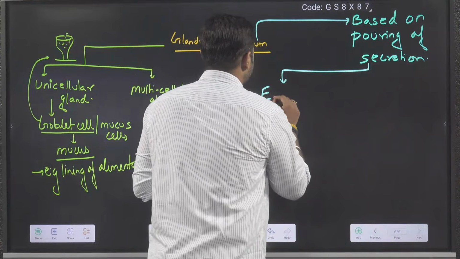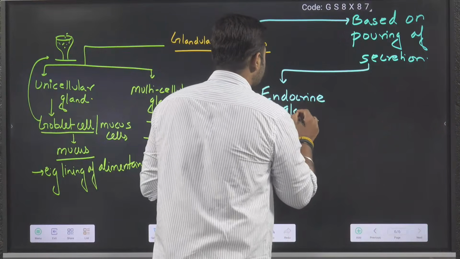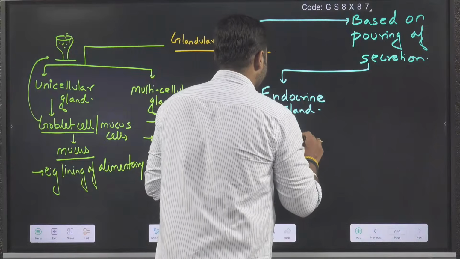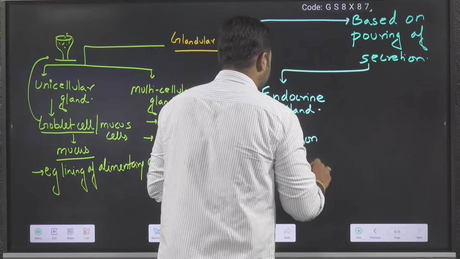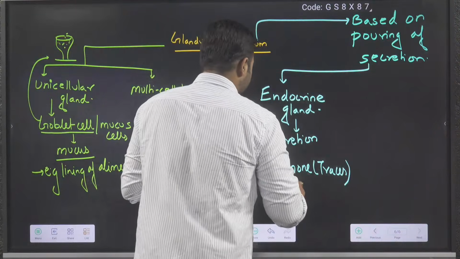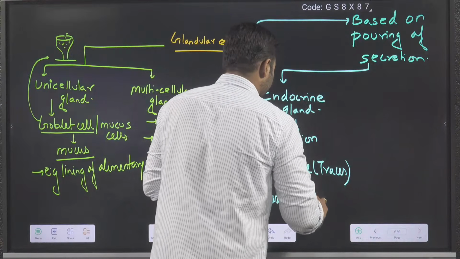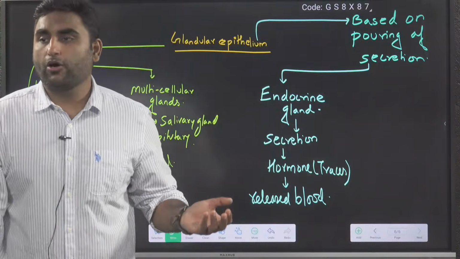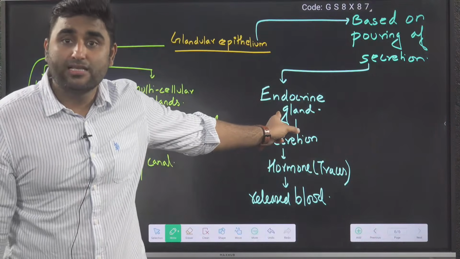So for an endocrine gland, the secretion is a hormone. It is produced in traces, in very small quantity, and it is released in the blood, or it might be released in lymph.